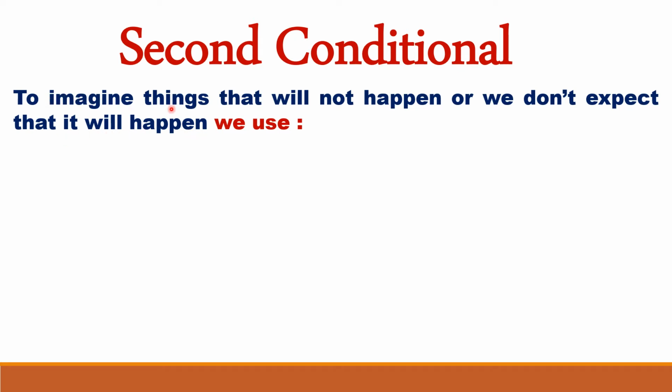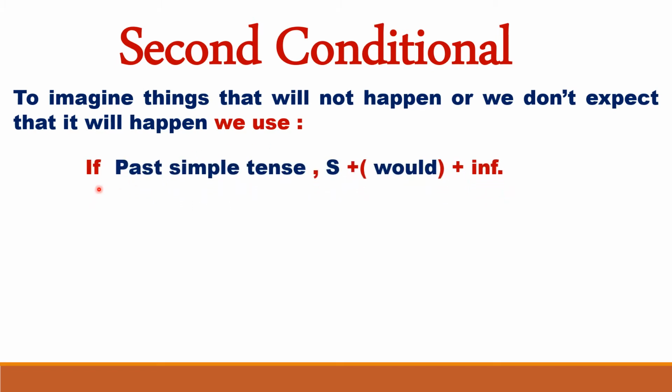I suppose something, it is imagination, I just dream of something, I imagine something happening. So for these imaginations and hypotheses we use if with past simple tense, and subject with an infinitive.